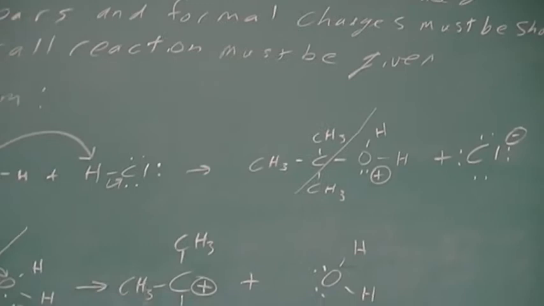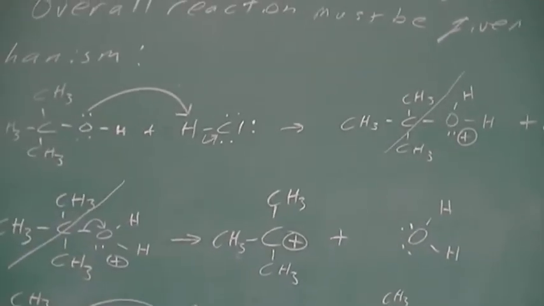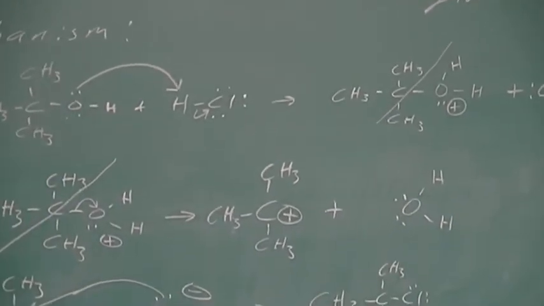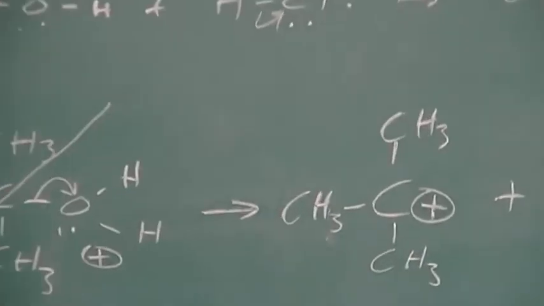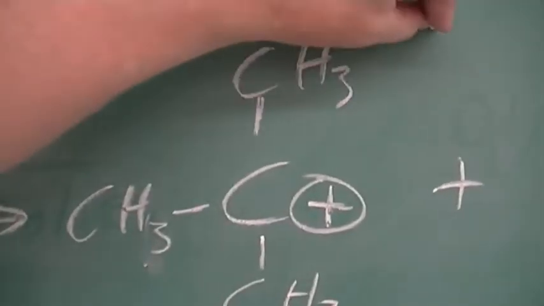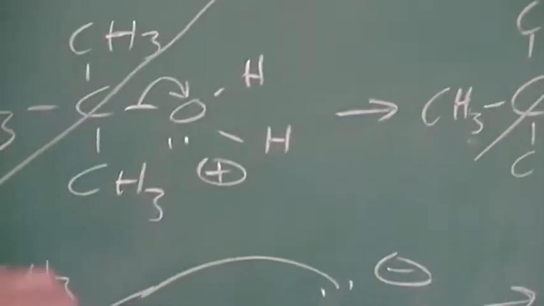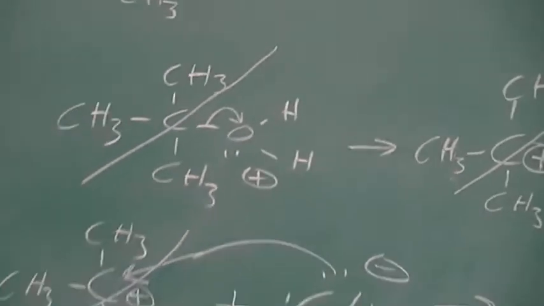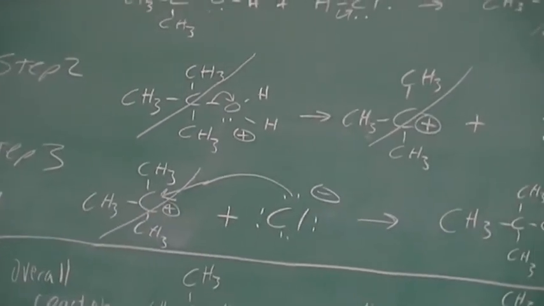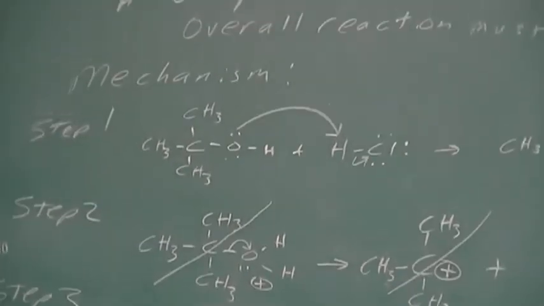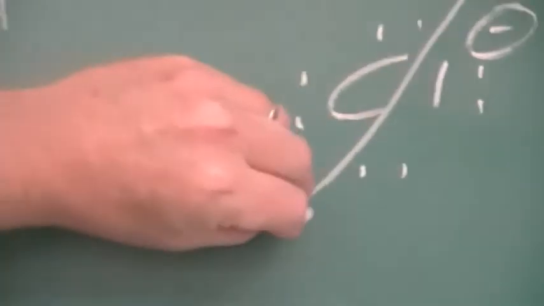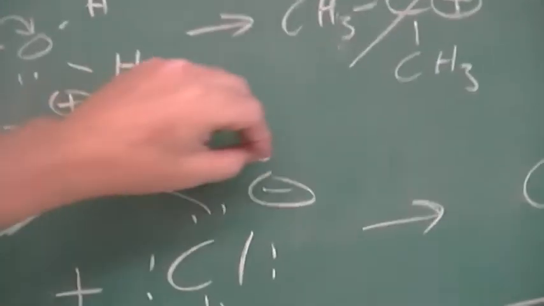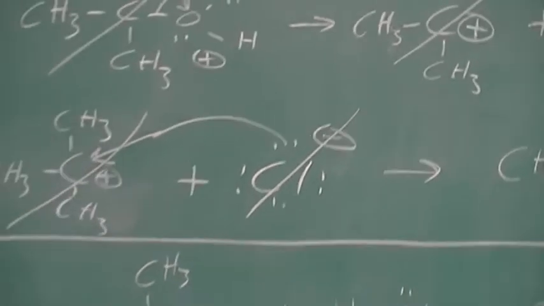When you make something and then you use it up, it is a reaction intermediate. There is another reaction intermediate, and that is your tertiary butyl cation, and so that also is gone. And what you also see is that the Cl minus is also a reaction intermediate. It was formed in step 1, and we used it up in step 3.